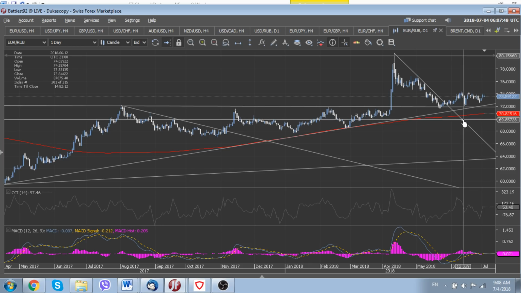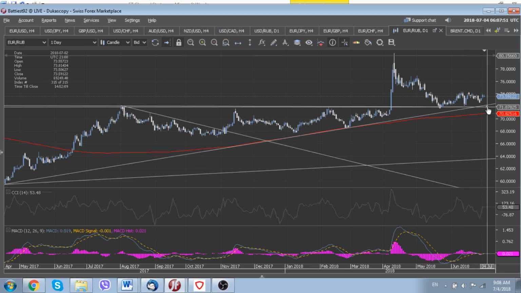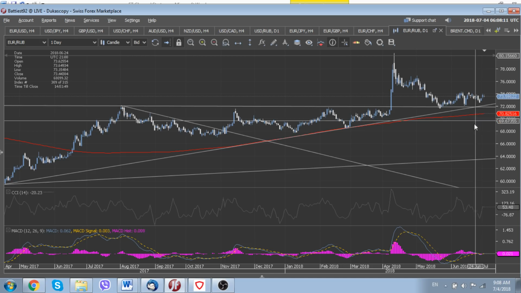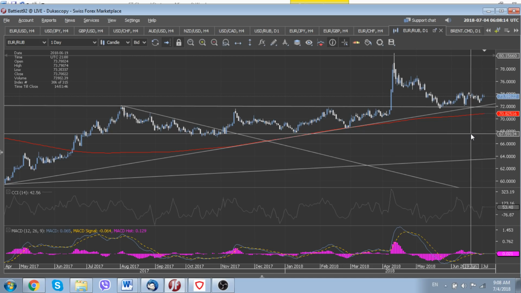First of all, we see that the underlying uptrend in the euro ruble located around 72.20 should give rather strong support in that area for the euro ruble at the moment, and only a real closing below the moving average 200 daily line located at 70.82 at the moment could take the euro ruble lower.